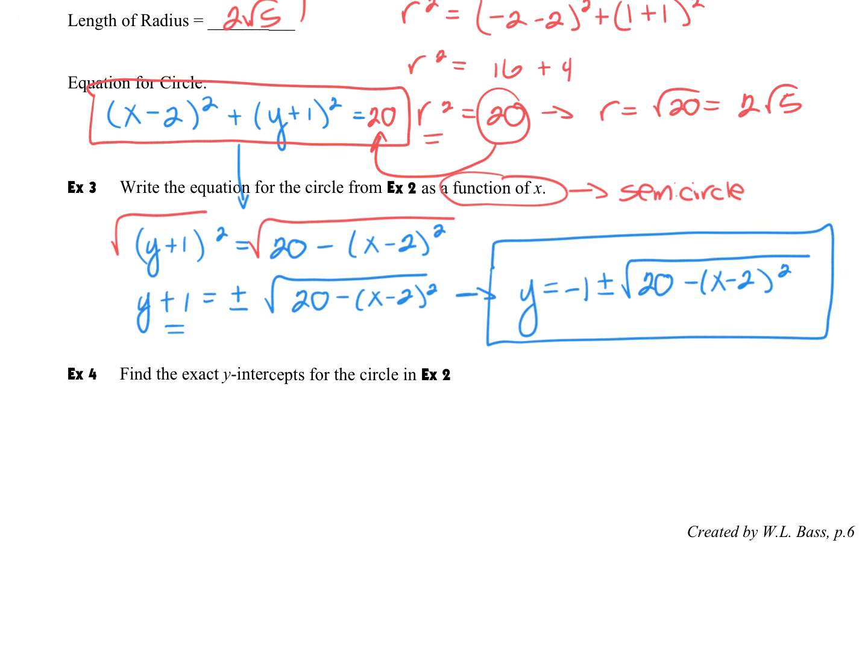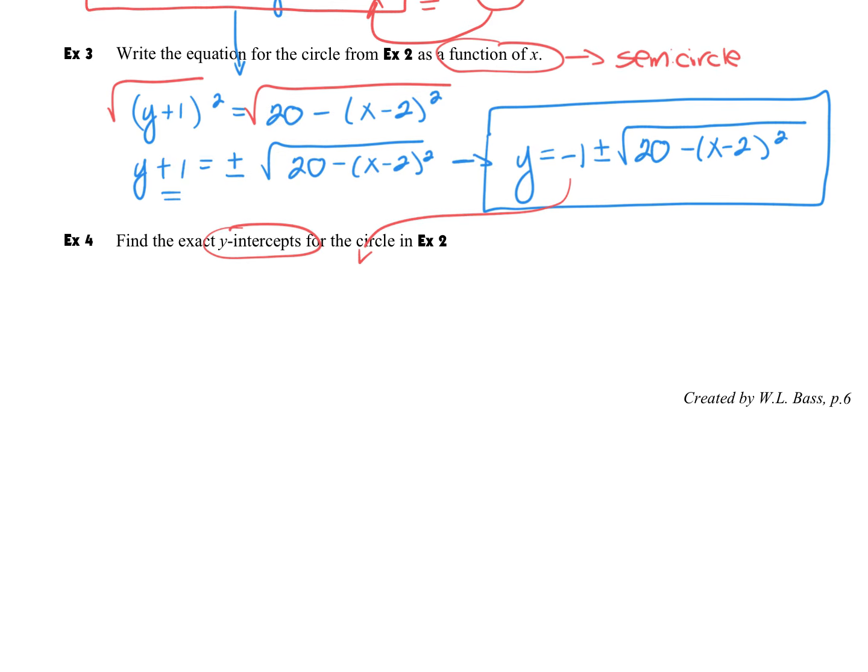The last thing that we're going to do related to our circles, just more algebra, we are going to take this equation that we just worked with right here, and now we're going to find our y-intercepts. That means that we are going to let x equal 0. So now I'm going to have y equals -1 plus or minus the square root of 20 minus, now this part I'm going to do in my head.